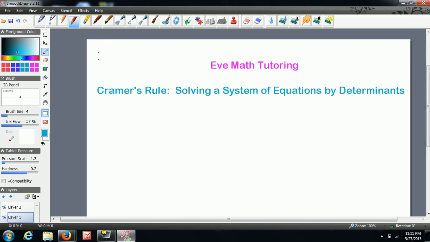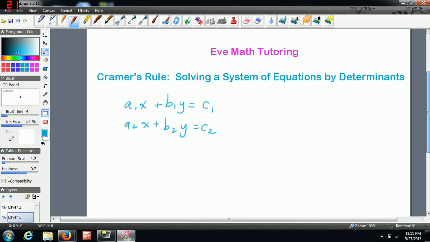Today's lesson is on solving a system of equations by determinants, and we're going to do that by using Cramer's rule. So if you're given a system of equations in the following form, then Cramer's rule states that x and y can be solved in the following way.